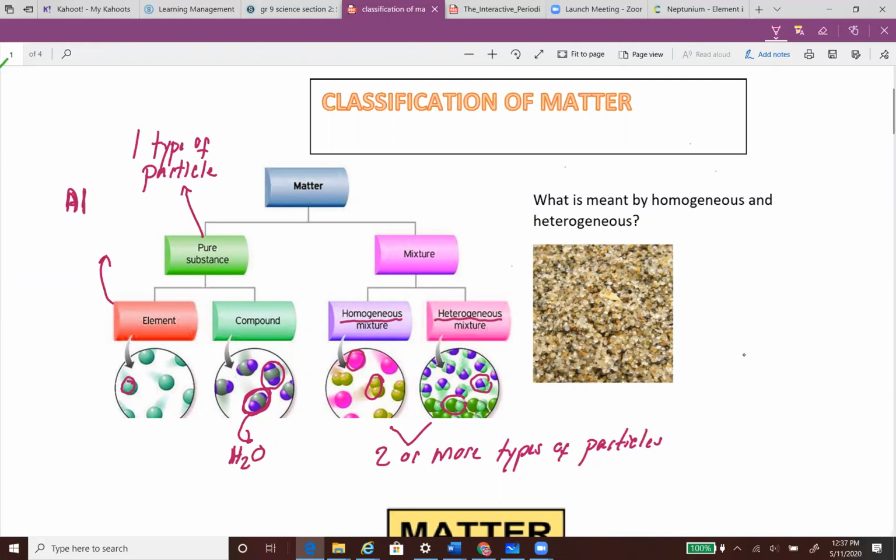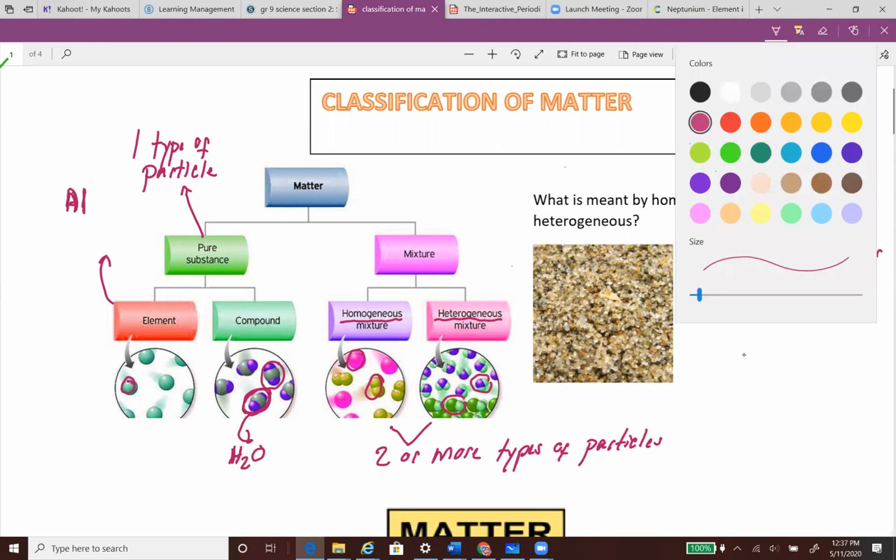What that means is if the mixture is made up of two or more particles, but it looks like it's just one thing. So for example, if I have a glass of salt water, okay? I'm going to call it salt water. Well, what is it made up of? If it's salt water, it's made up of two things.